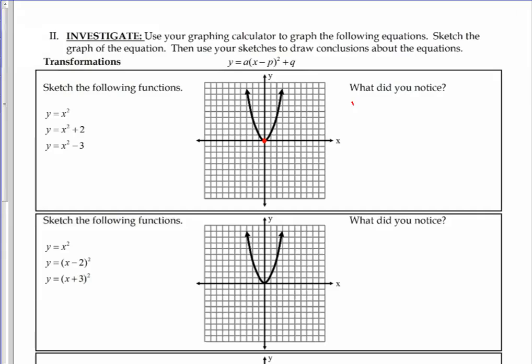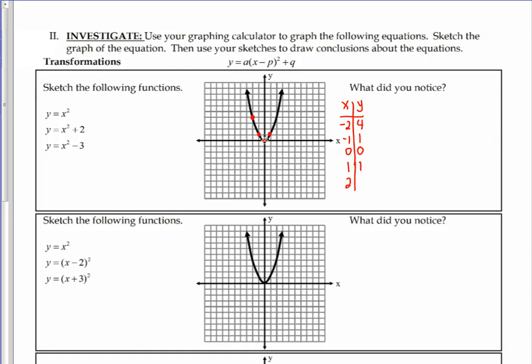If you actually look at a table of values of y equals x squared, if you had -2, -1, 0, 1, and 2. When you square -2, what happens to it? What does it become? +4. Okay, there it is, +4. -1 squared is +1. 0 squared, 0. 1 squared, 1.